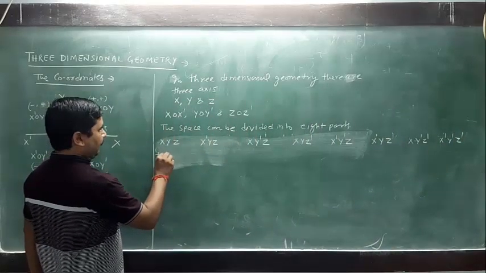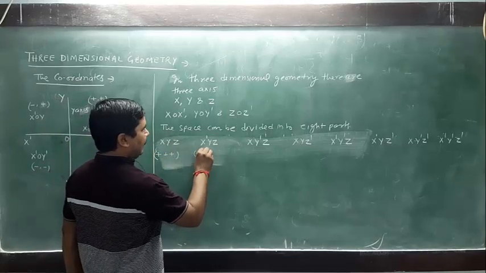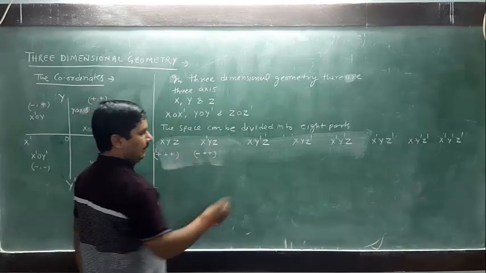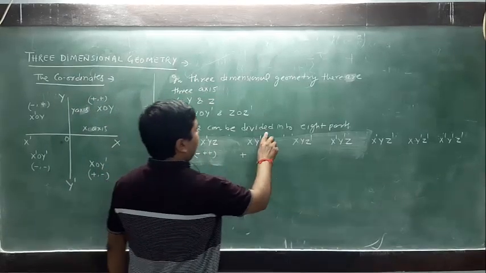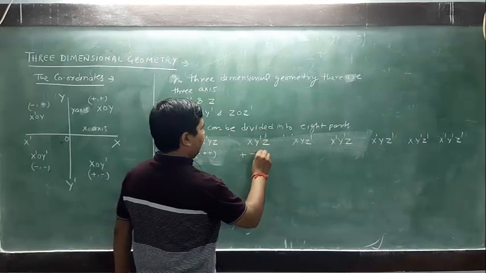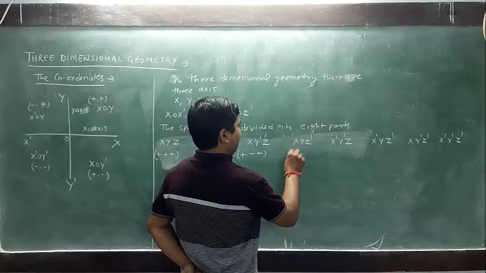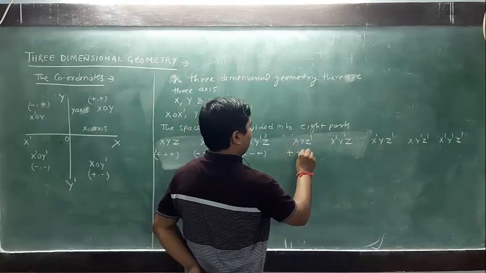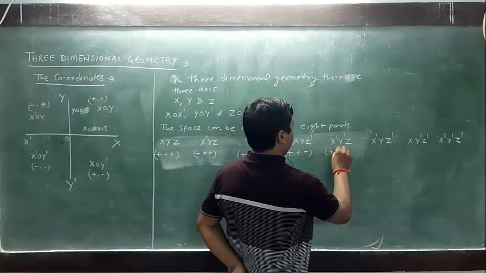All are positive. X negative and y and z are positive. X positive, y negative, z positive. In this, x is positive, y positive, z negative.